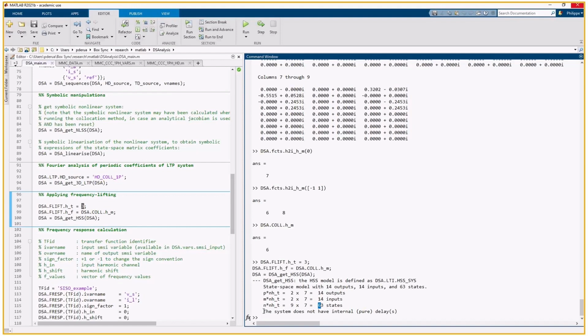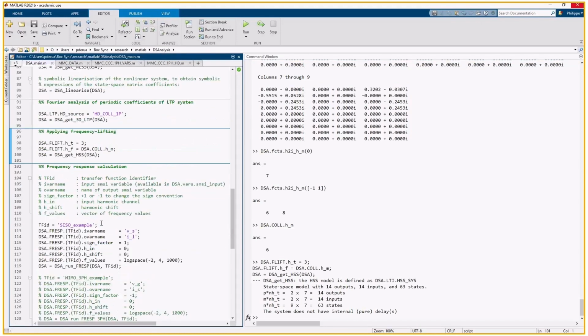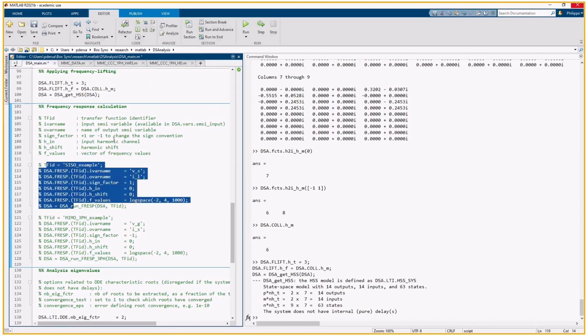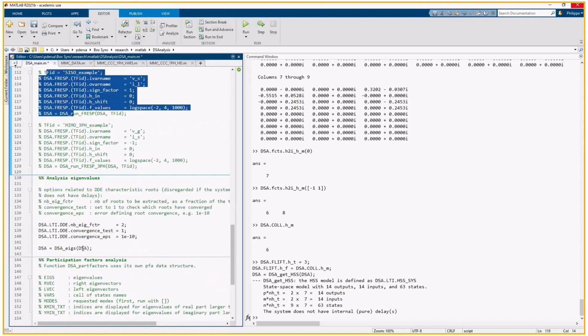Also, the toolbox tells us that the system does not have internal pure delays, so this is indeed a harmonic state space and not a delay harmonic state space. Alright, this essentially means that we can calculate eigenvalues quite easily. I will get the calculation of frequency responses right after.